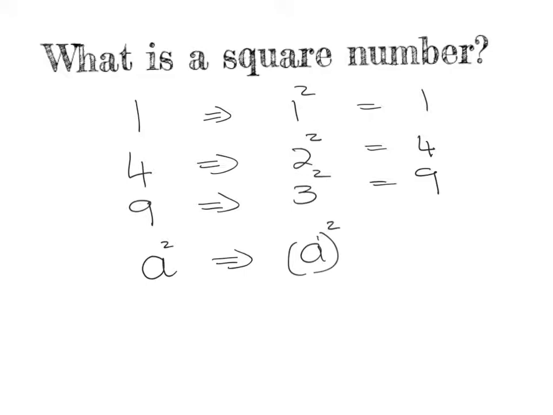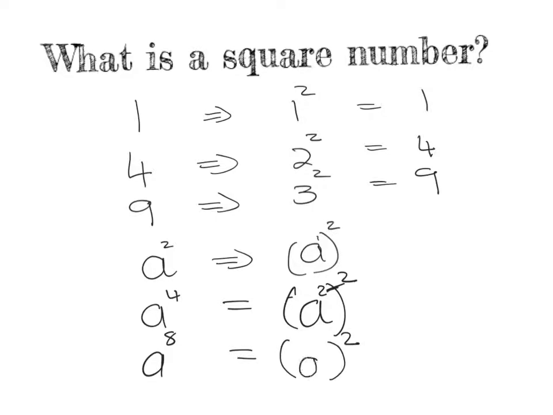A to the power 4 is also a square number because you can put it in your bracket, put your 2 on the outside, and then it's a to the power 2 to the power 2, because you multiply those two. Say a to the power 8. Then you can again say to the power 2, and it will be a to the power... what times 2 is 8? 4. So just keep in mind, it's any number that's written to the power 2.